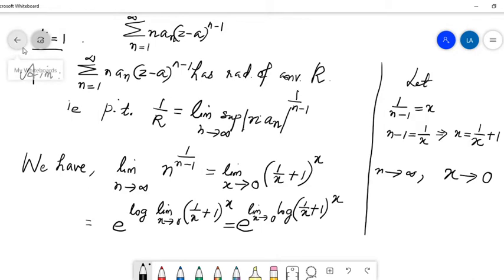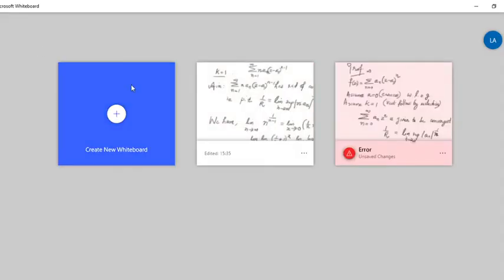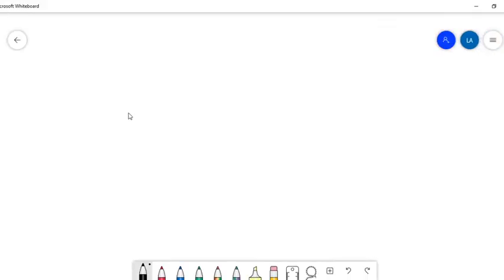Now let's see what happens. So we have the limit and log. Okay. So that will be equal to e raised to limit x tends to 0 x into log of (1 by x plus 1) the whole raised to x. Oh, sorry.